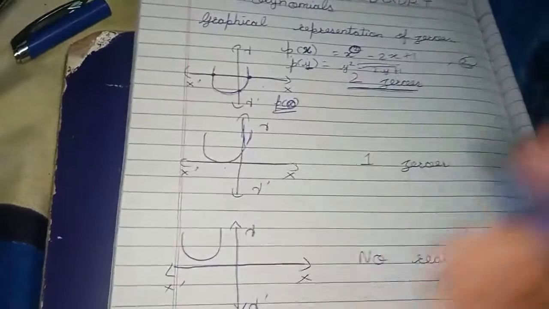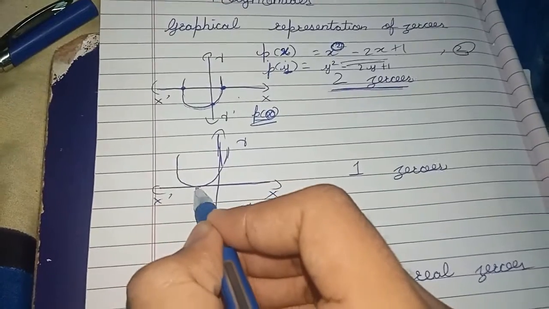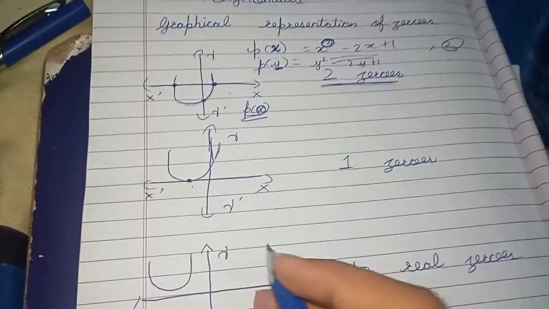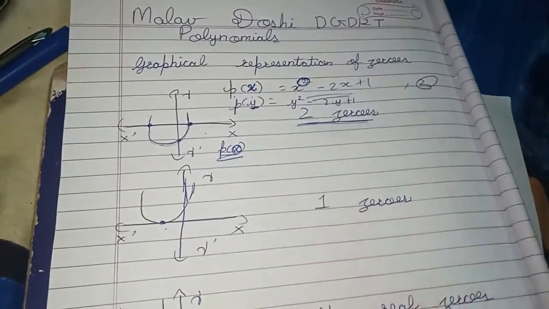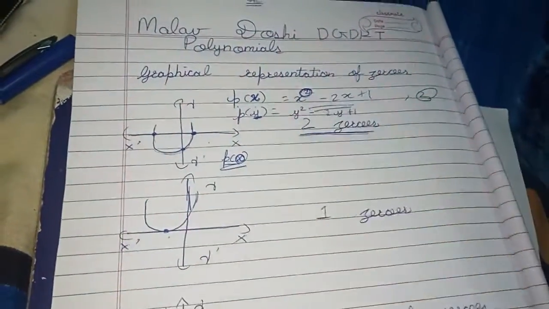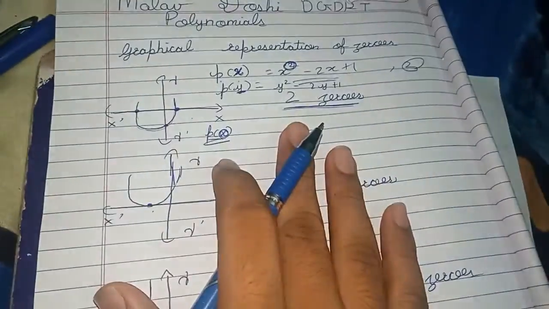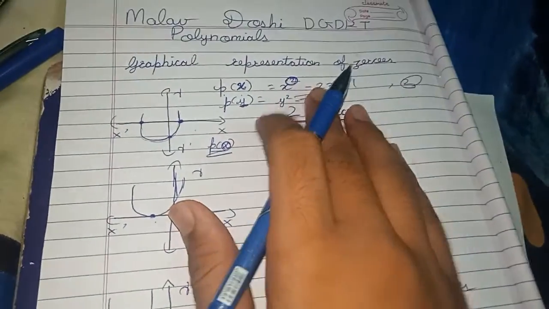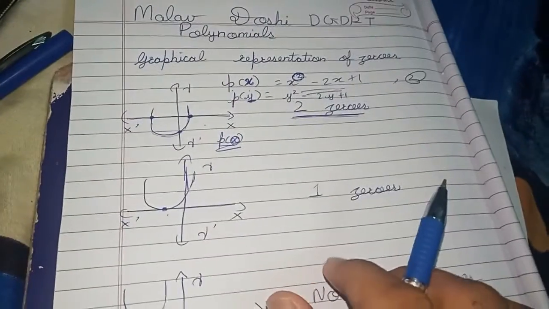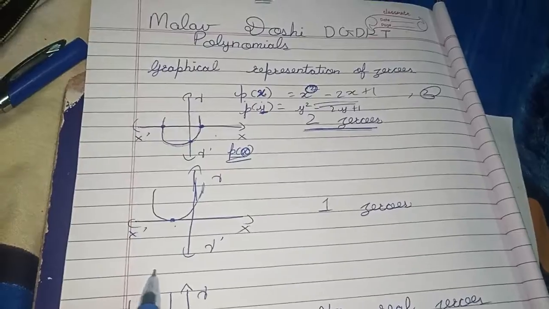Now if this parabola cuts the x-axis at only 1 point, there are still 2 roots, because you need 2 factors to make this polynomial. Without 2 factors you can't make a quadratic polynomial. But here the 2 roots are equal.